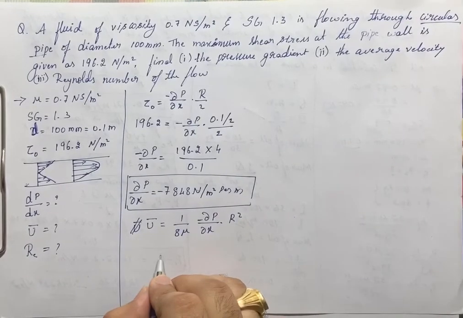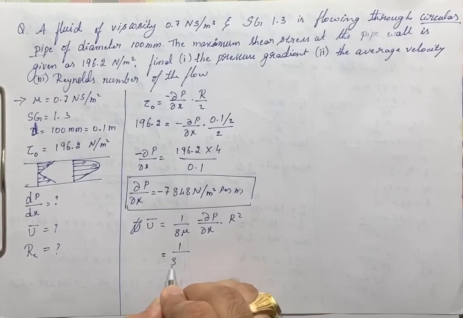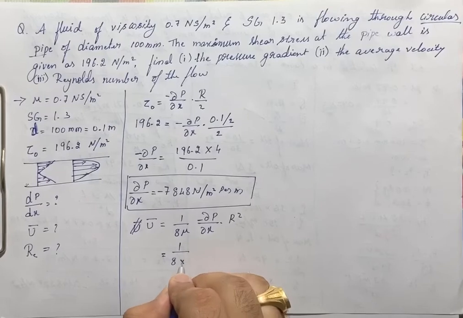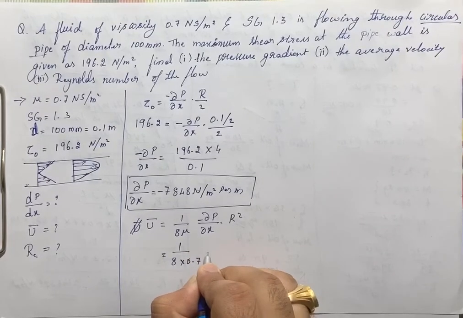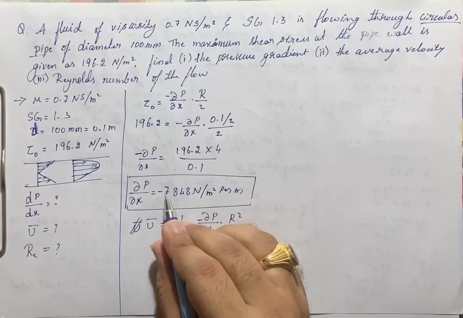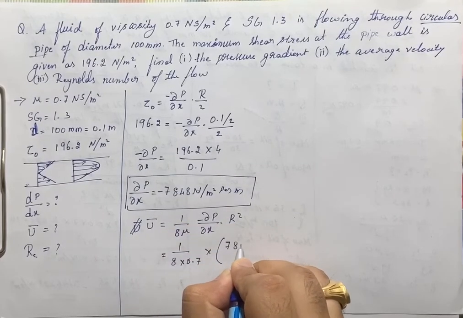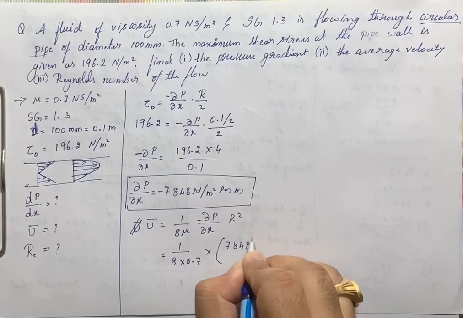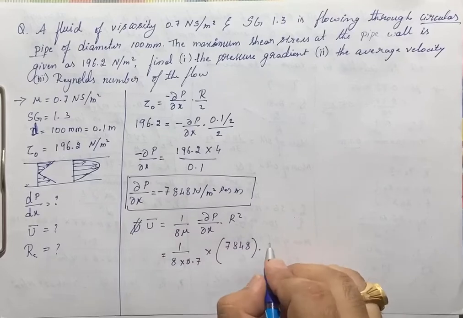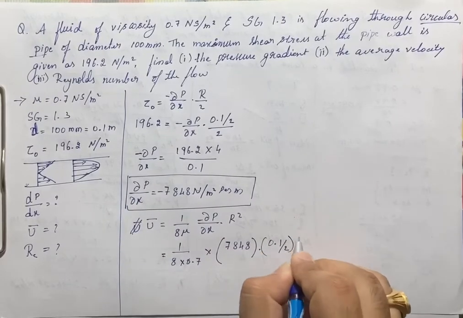Now u bar: 1 divided by 8 mu, with mu given as 0.7, into minus ∂p/∂x, which becomes minus into minus, positive here. So I'll write directly 7848 into r square, where d is given as 0.1, so r is 0.1 by 2, whole square.